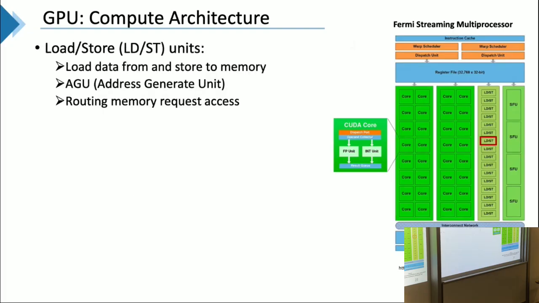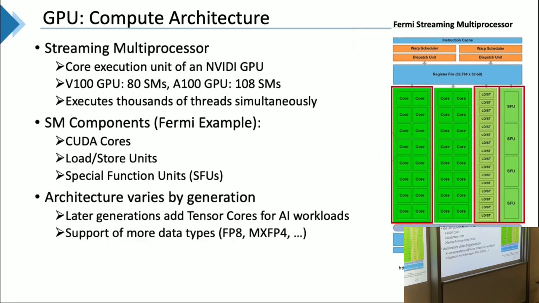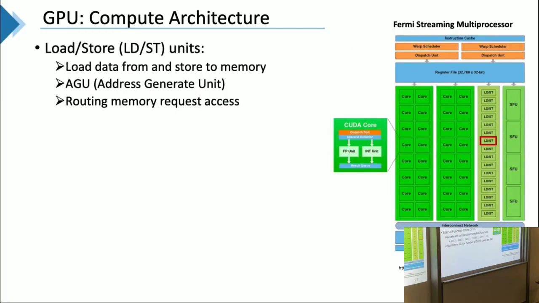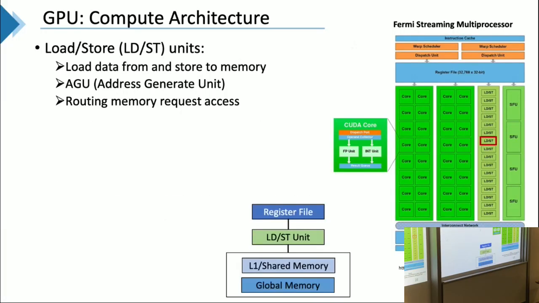So the last one is now, because in the first part we mentioned that all the green parts can be separated into 3 subparts. You have CUDA core, you have special function units, and you also have this load store unit. For this load store unit, the architecture at a high level looks like this. You have the register file, and each CUDA core actually has its own address space for this register file.